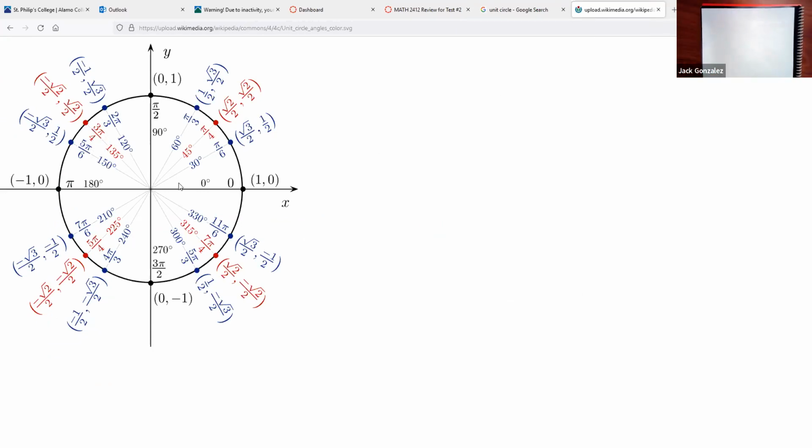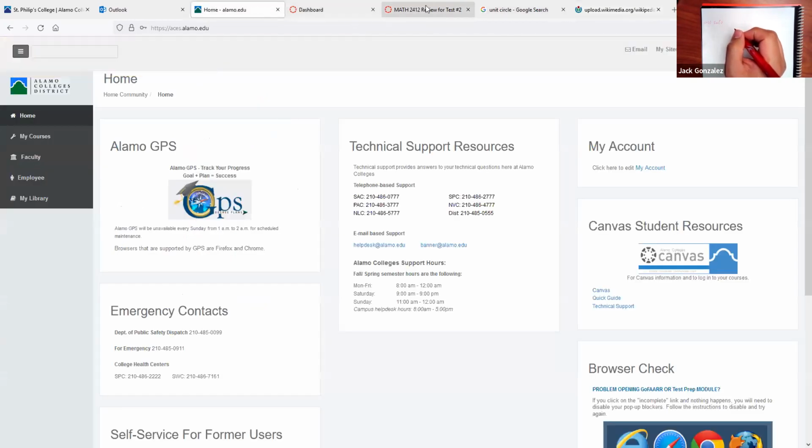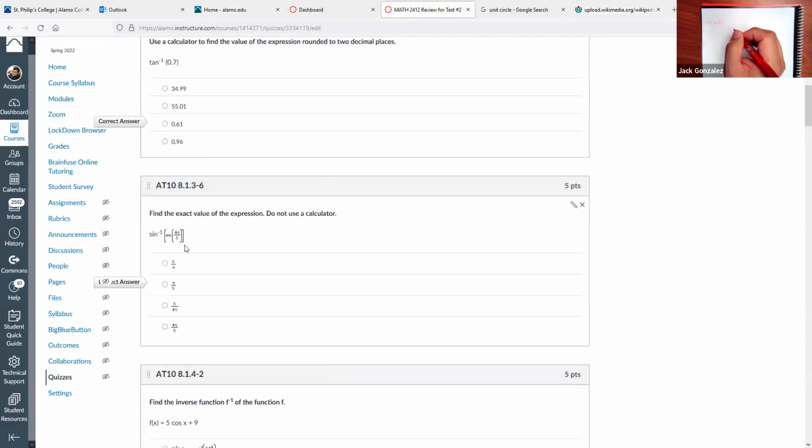Let's do this on paper. Maybe that'll be easier. Let me switch in just a second. Is it sine inverse of sine? Yeah, sine inverse of sine.